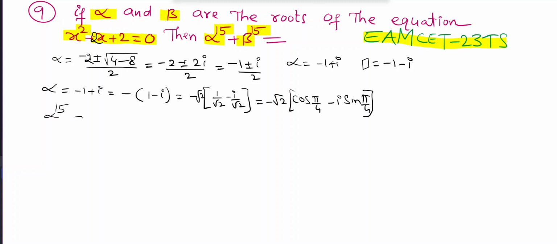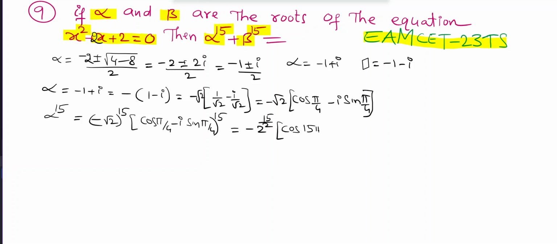That is alpha power 15 is minus root 2 whole power 15 into cos pi by 4 minus i sin pi by 4 whole to the power of 15. This is minus 2 power 15 by 2. Applying De Moivre's theorem for this, that is cos 15 pi by 4 minus i sin 15 pi by 4.